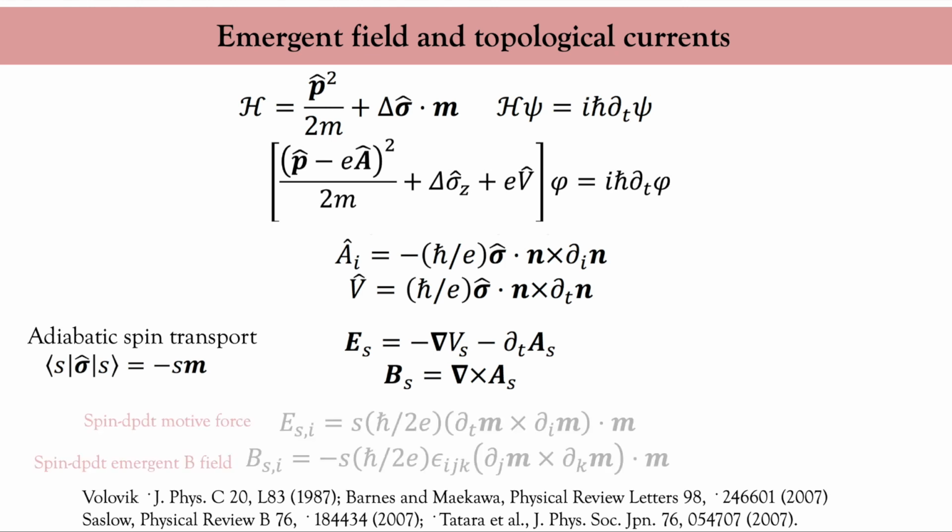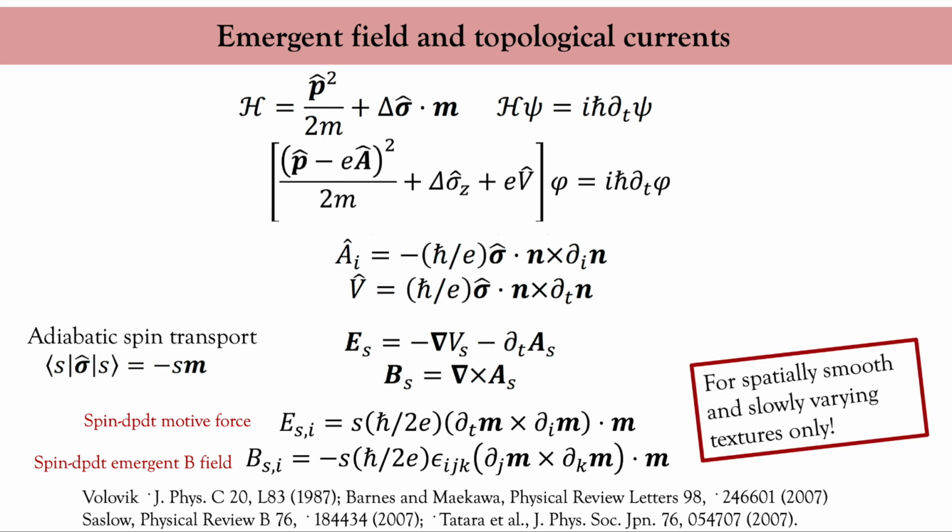I can then project the scalar and vector potential operators on the spin state and obtain the effective spin-dependent electric and magnetic fields, which look like that. Again, these calculations are only valid for a magnetic texture that changes smoothly in space and slowly in time.